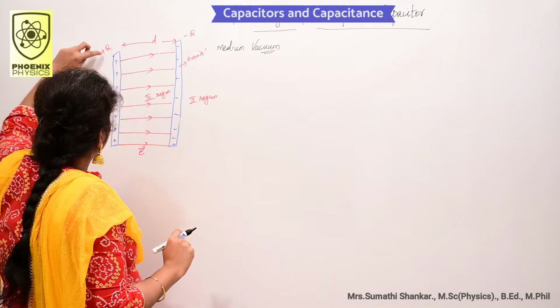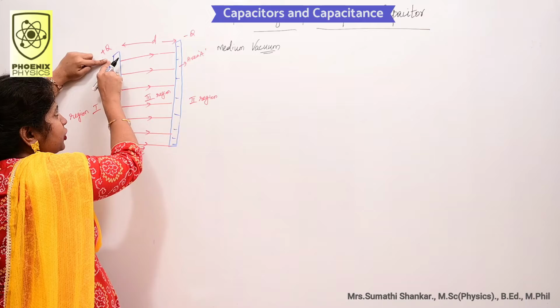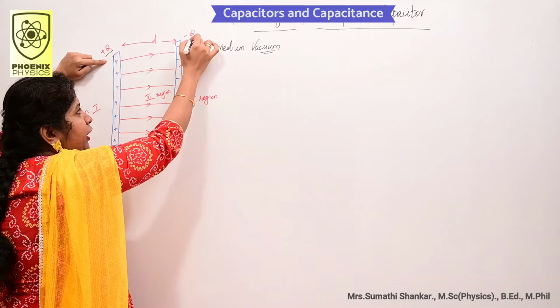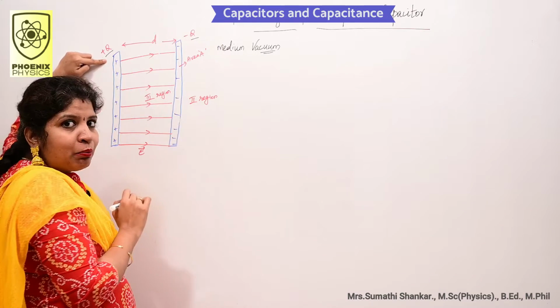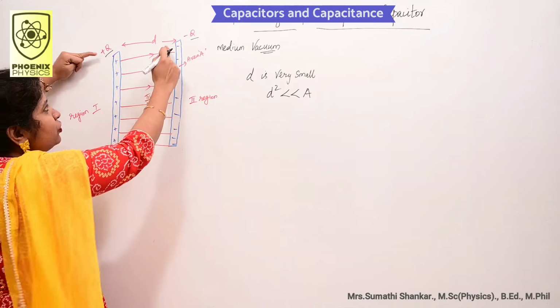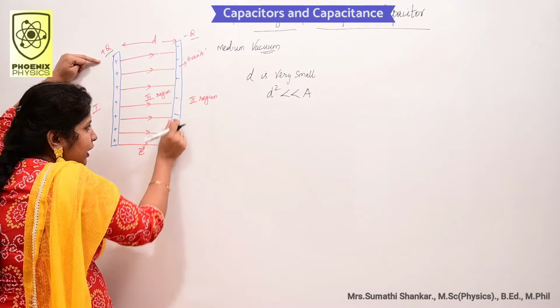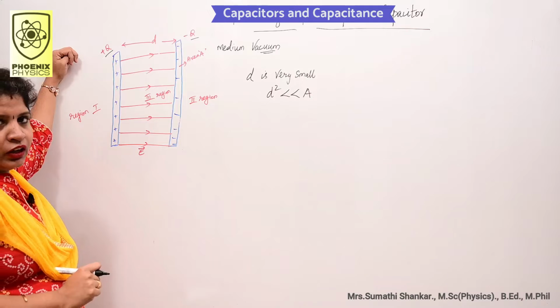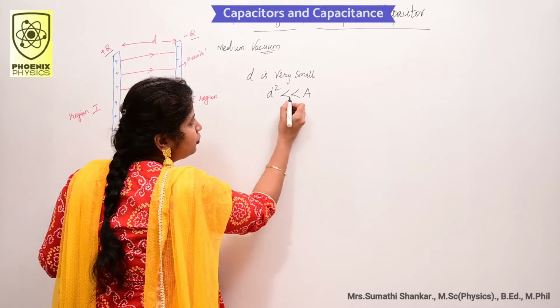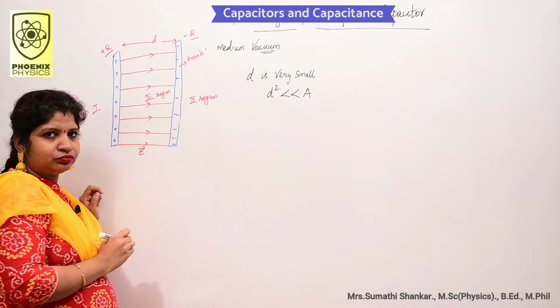Here plate 1 has charge plus Q, and plate 2 has charge minus Q. d is very small compared to the linear dimension of the plates, which means d squared is very much less than A.